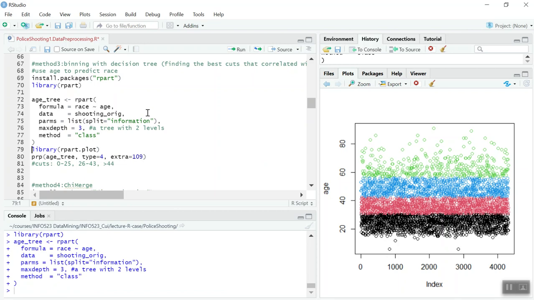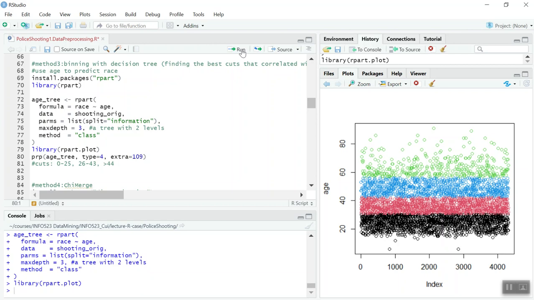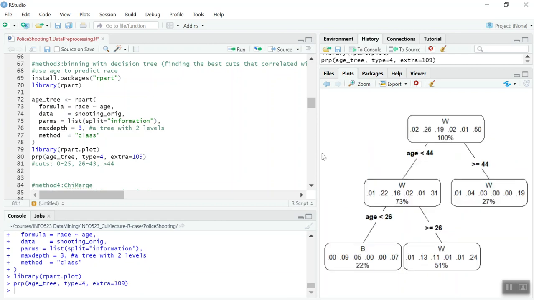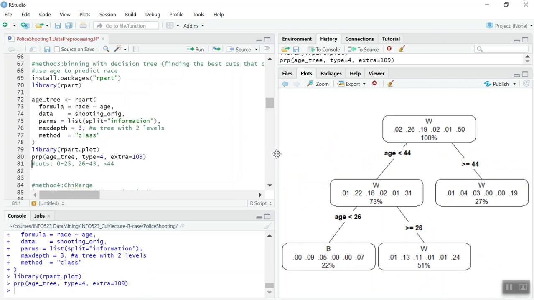And I call another library here to actually help us plot the tree. So this is our tree, based on how age is correlated with race.